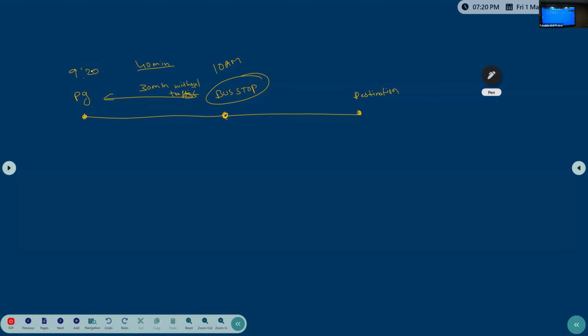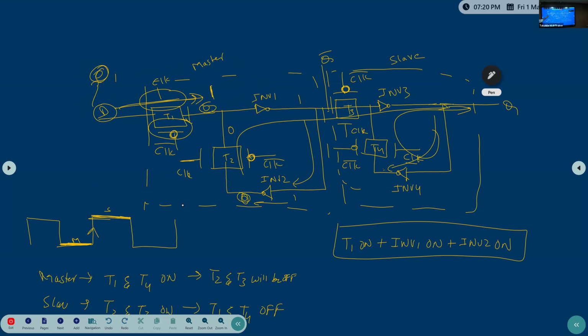Now see, here assume the bus is a clock. The person is data, that means 0 or 1. Person means girl or boy will be the right data, 0 or 1, anything. Now, data started at D. T2 is the bus stop, where the clock also will come, data also will come.